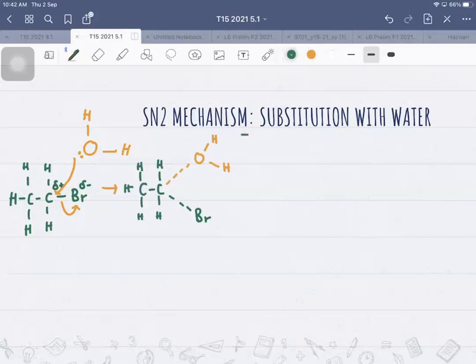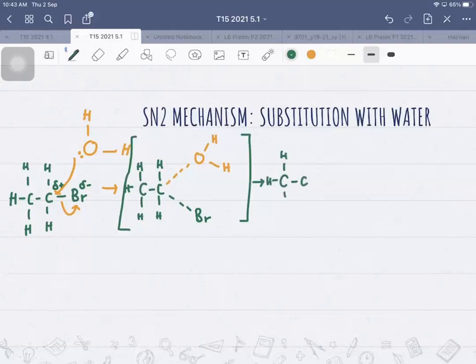So usually this is drawn with a square bracket. At the moment, it's not charged, because our halogenoalkane is neutral and our water molecule is neutral as well. So you don't have to do anything in this stage. And then automatically the carbon-bromine bond will just break.